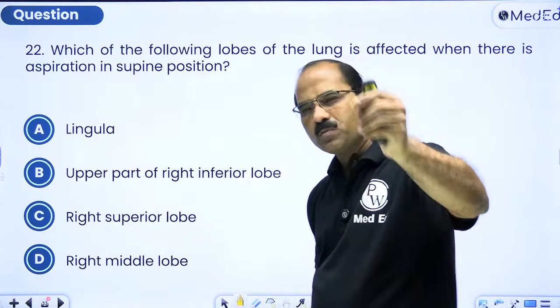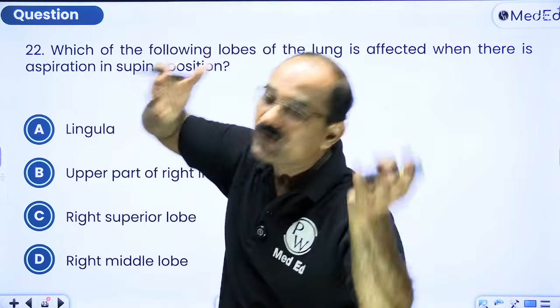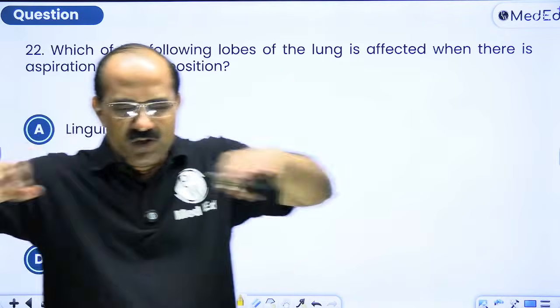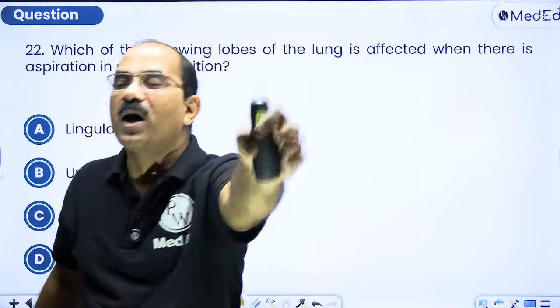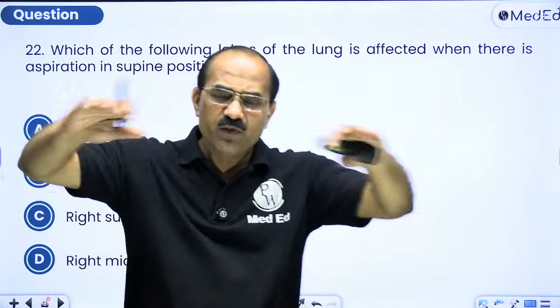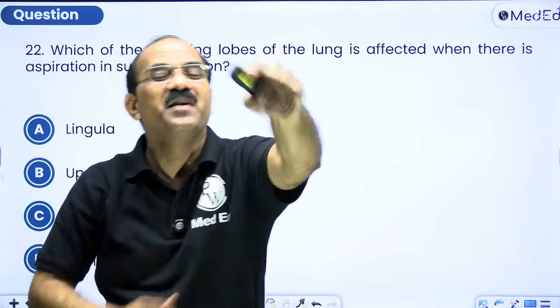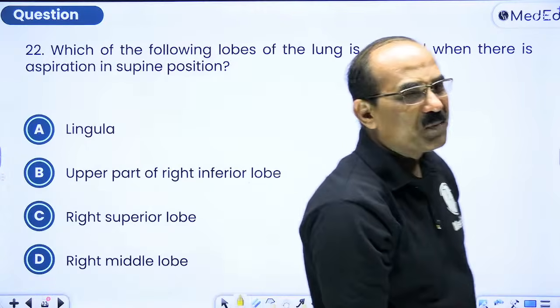Tell me, which is the most dependent part of the peritoneal cavity in supine position? When we lie supine, any fluid in the peritoneal cavity will gravitate down into which pouch? Morrison's pouch. Remember, take this, very important.